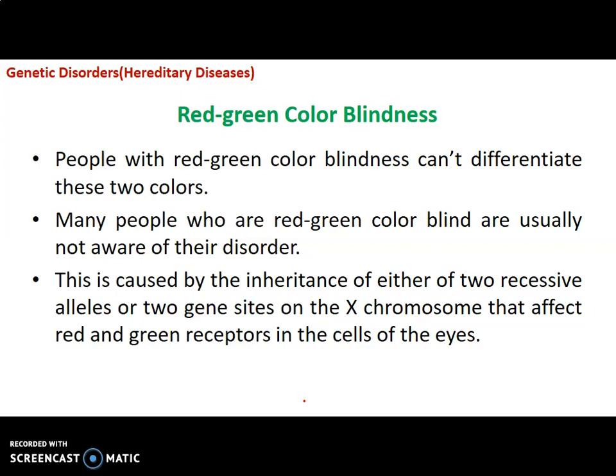It is caused as a result of inheritance of either of the two recessive alleles of genes that should be controlling the green and red color receptors in the eyes. They won't even know that such a disorder is occurring to them, because the receptors that should be detecting these colors are not there.